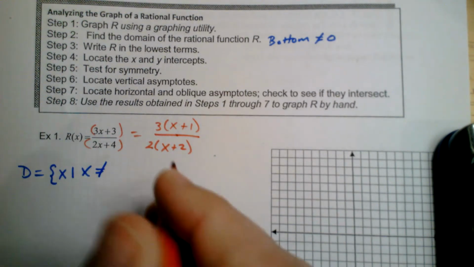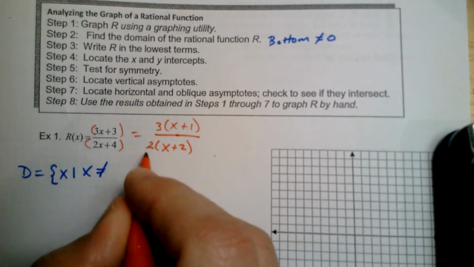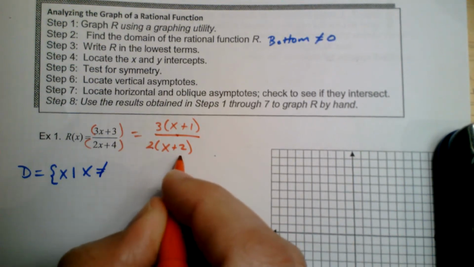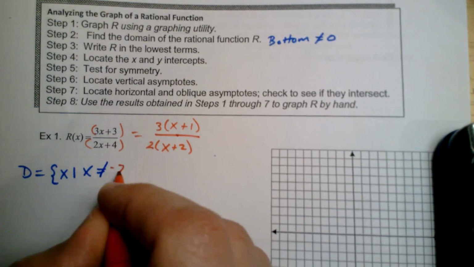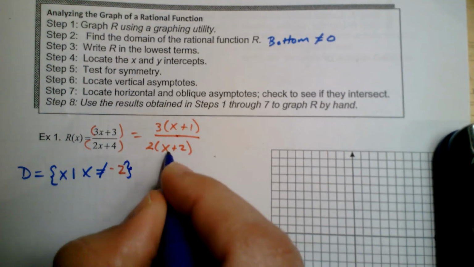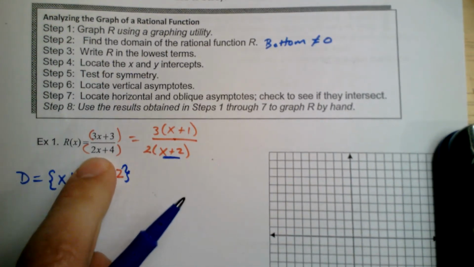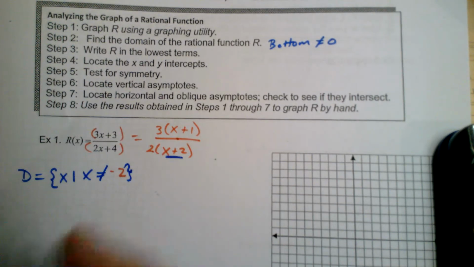This 2 you don't care about because it doesn't have an x value, but this one set equal to 0, subtract the 2 over, you can't have -2. That's from our bottom. You could also set 2x plus 4 equal to 0, subtract the 4, divide by 2, and you get -2 that way. You have two different ways to do that.